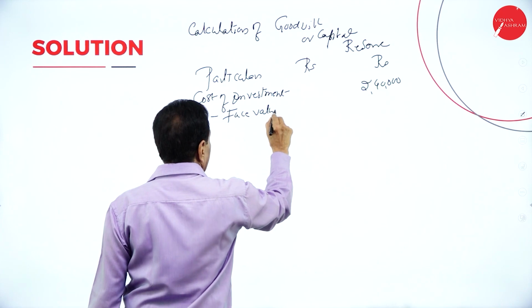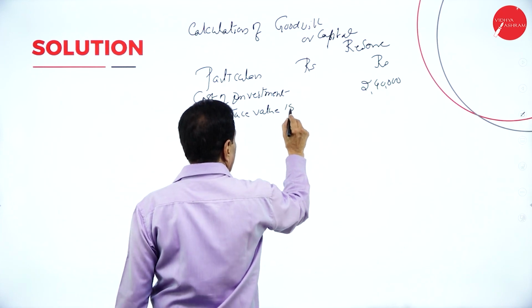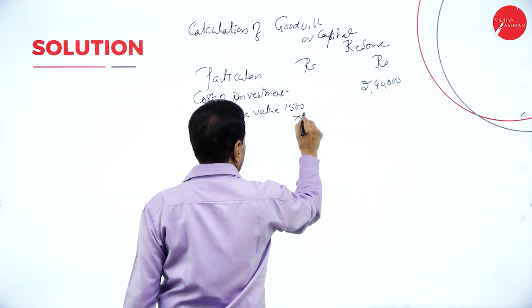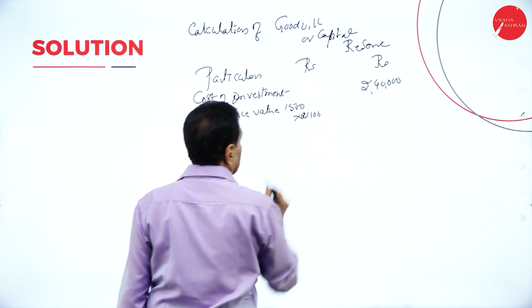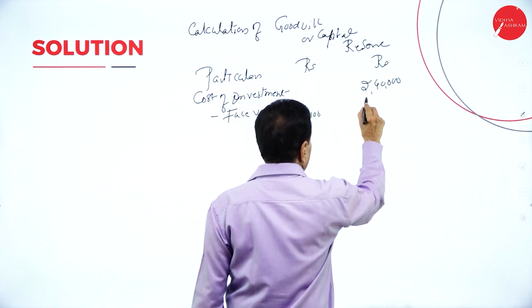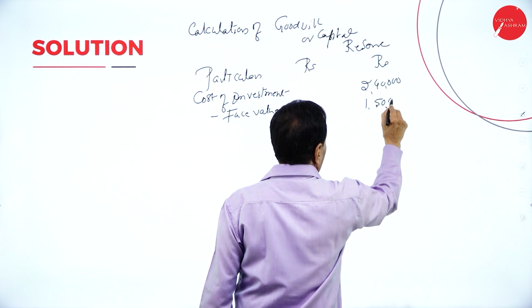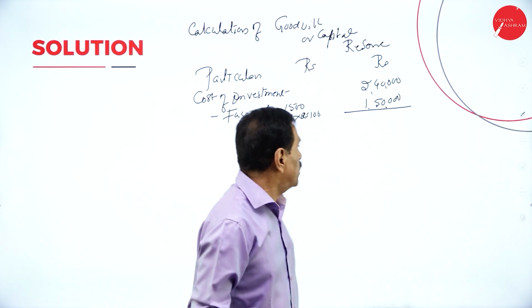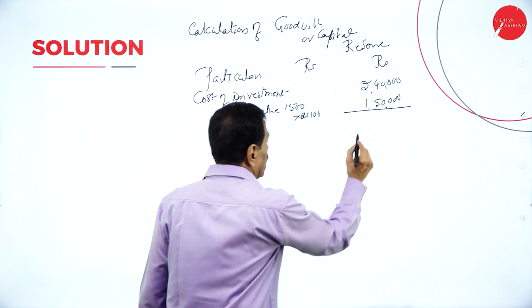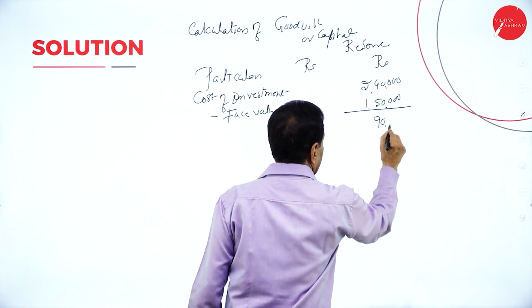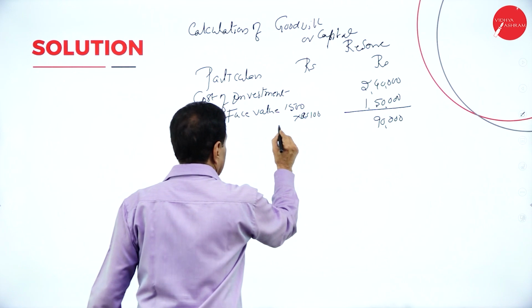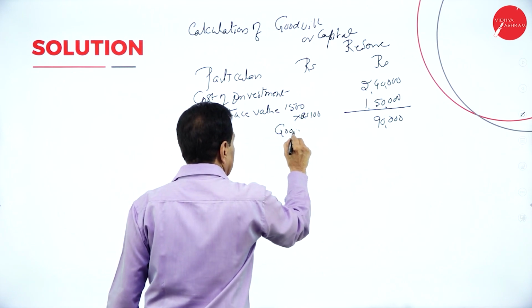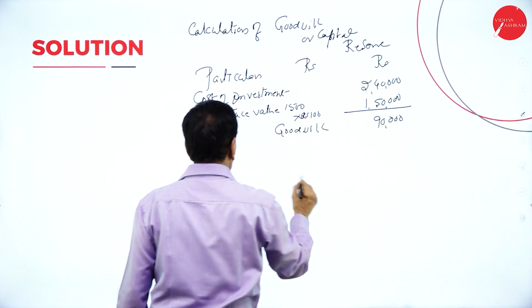How many shares have they taken? 1,500 into rupees 100, this is 1,50,000. Actually, they have to pay 1,50,000, but they paid 2,40,000. How much excess paid? 90,000. This is your goodwill. You can say new goodwill.